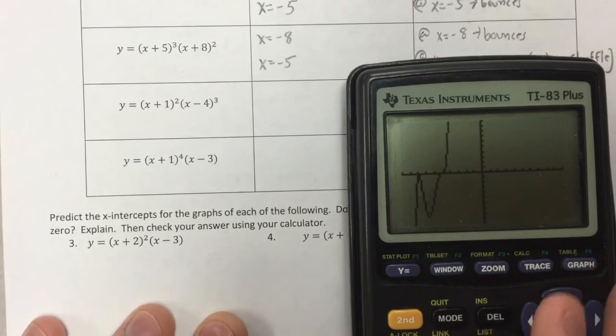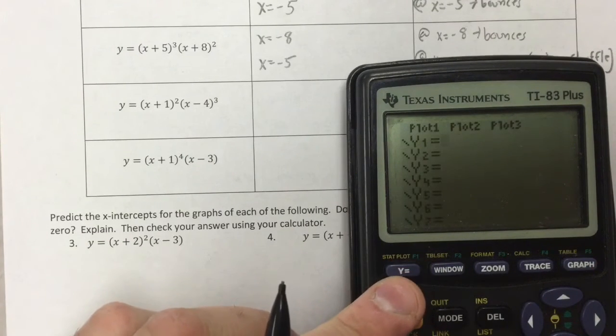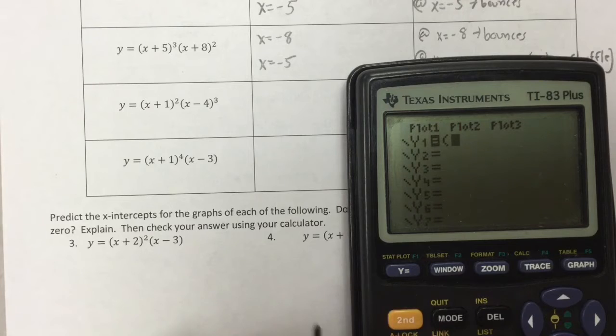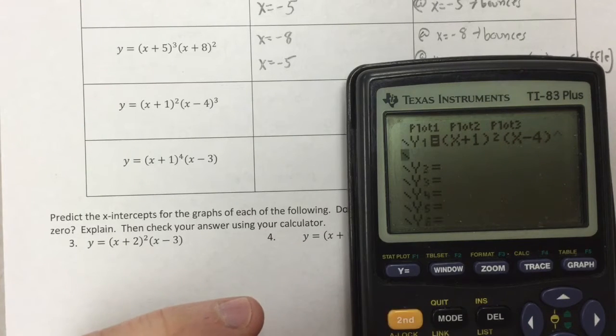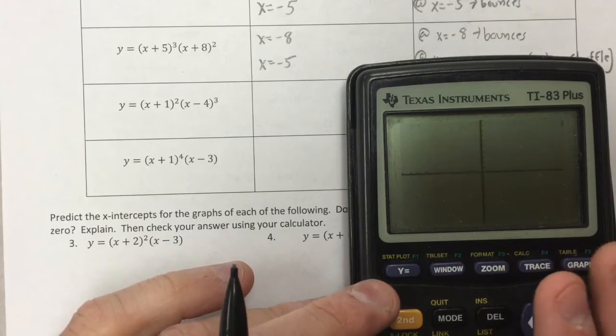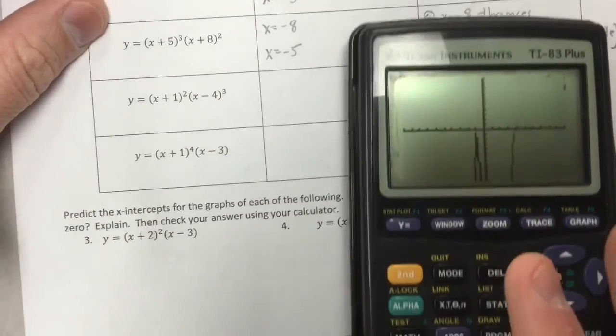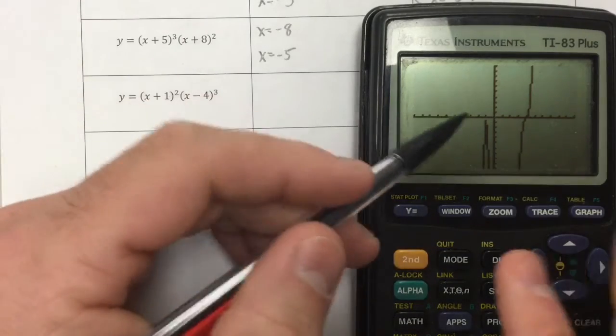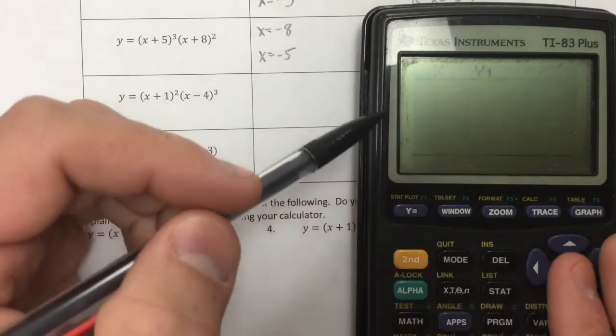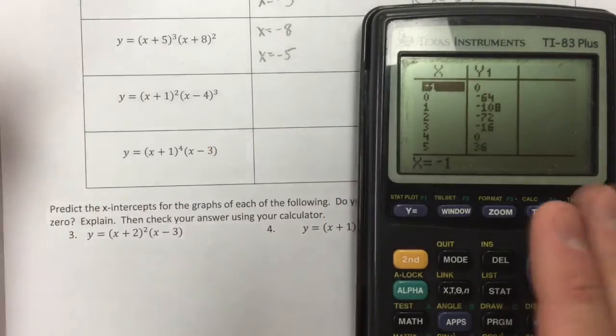All right, on to the next one. So now we have x plus 1 quantity squared times x minus 4, whoops, to the third. So it is touching at -1, and we can double check that by looking. -1 is at 0.